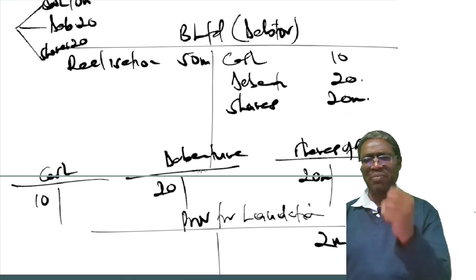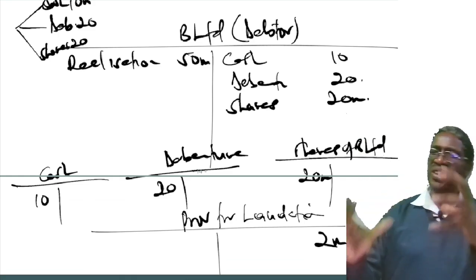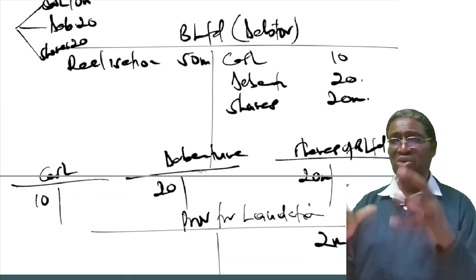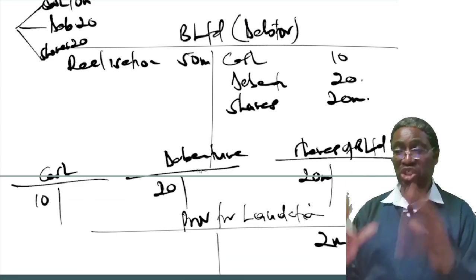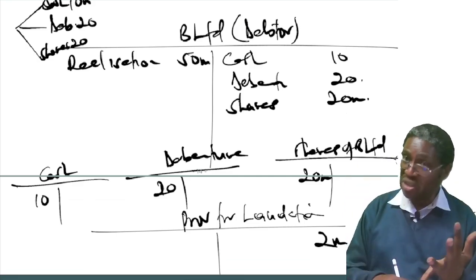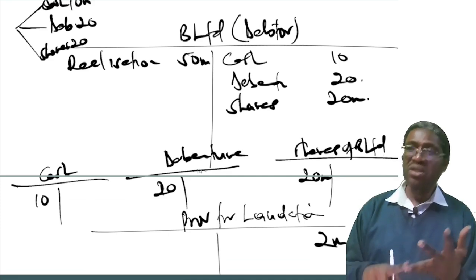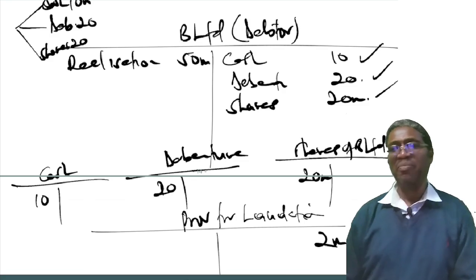So that's our step number 11, which says, with the receipt of the purchase consideration, either in form of cash, shares, or debentures, you will debit cash, you will debit debentures, you will debit shares, and you credit the purchasing company. Good.